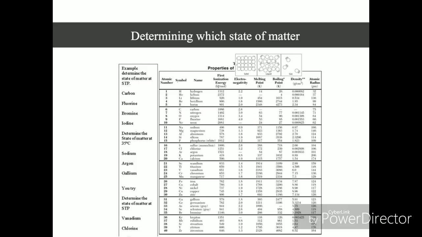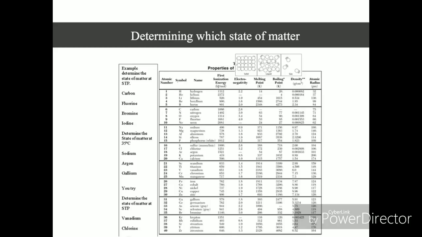If the desired temperature is after the melting point, but before the boiling point, your substance will be a liquid, and it is melted, but it is not boiled. If the desired temperature is after the boiling point, then your substance is a gas. It is both melted and boiled.